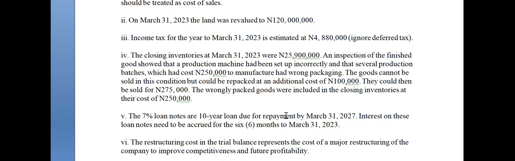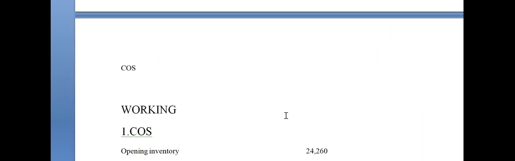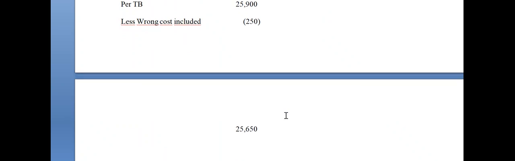So what about the 250,000? Because you said which costs 250,000. And that's what we have removed from that closing inventory. So now what we want to do is to determine the cost of the correct batch of production that will now be included in the closing inventory. Yes. See, the wrong cost included, 250, that's what we have removed, to get 25,650.